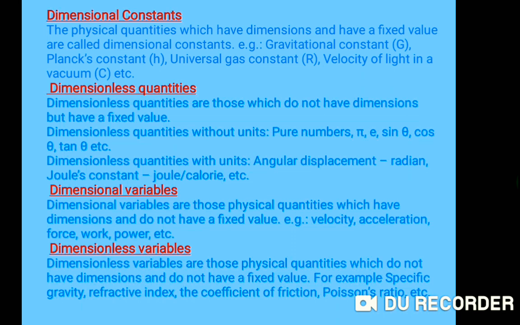Dimensionless variables are those physical quantities which do not have dimensions and do not have a fixed value. For example, specific gravity, refractive index, the coefficient of friction, Poisson's ratio, etc.